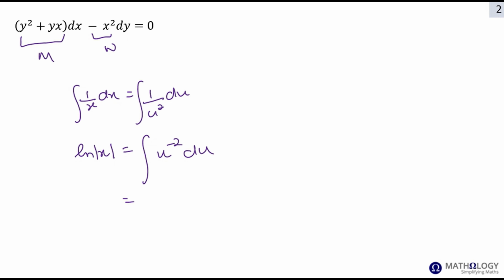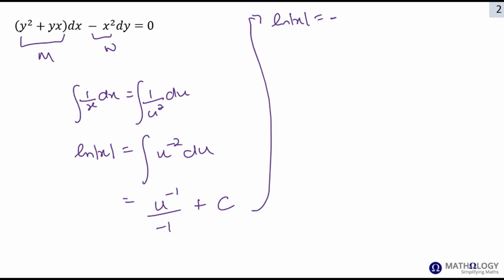Then we integrate that, we'll have u to the minus 2 plus 1, so u to the minus 1, and then we divide by the exponent negative 1 plus the constant of integration. So just coming up here, we have ln x equals minus 1 over u plus c.